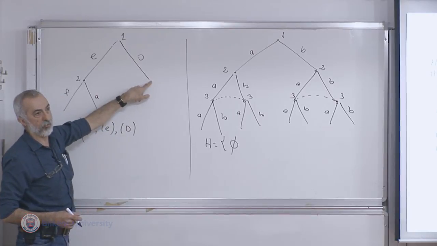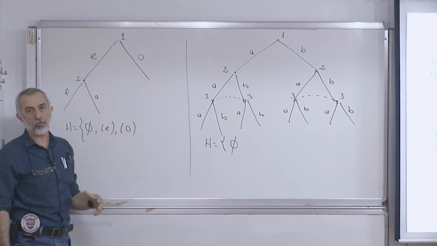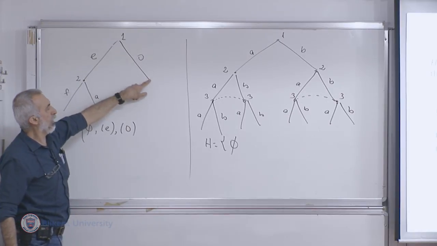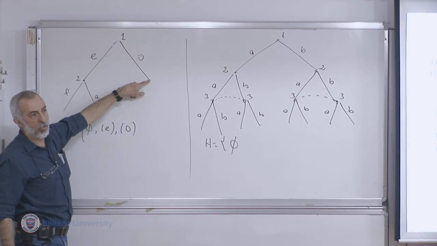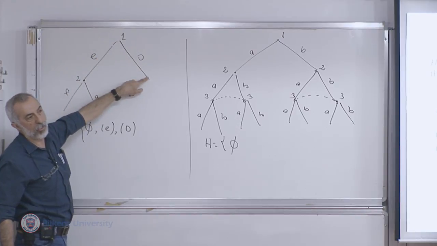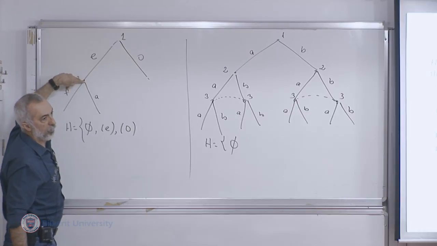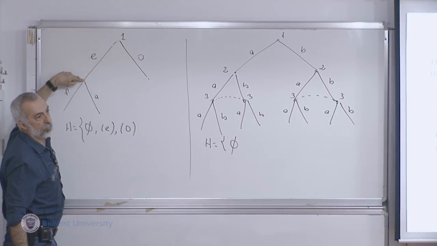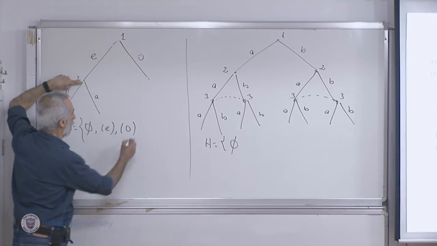That's another history, okay? So history represents a state of the game. Here we're at the state where the game has started and player one took the action O. Here we're at a state where player one has taken the action E, and that's what the history is.